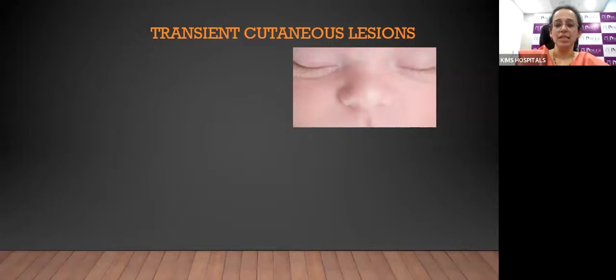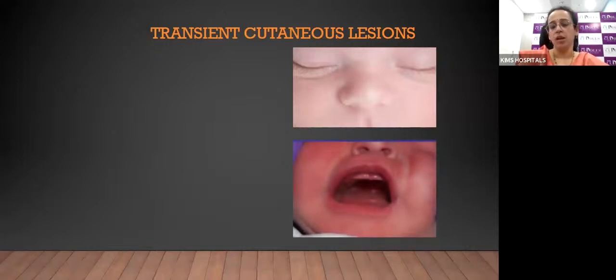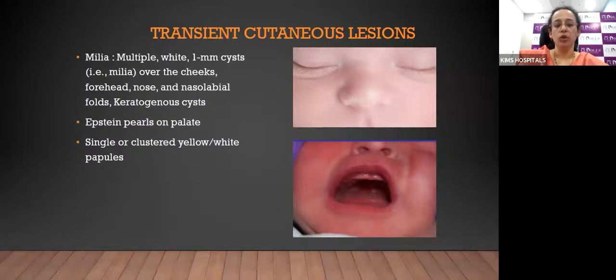This is the milia, which appears transiently on the nose, and it disappears within the first few days of life. What are these papules, which can be solitary or multiple, on the roof of the hard palate? These are the Epstein's pearls. Both of them have an ectodermal origin. These are epidermal inclusion cysts.